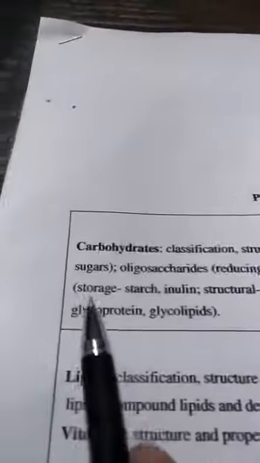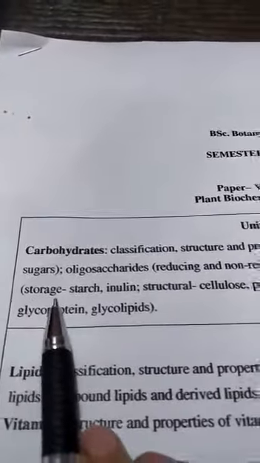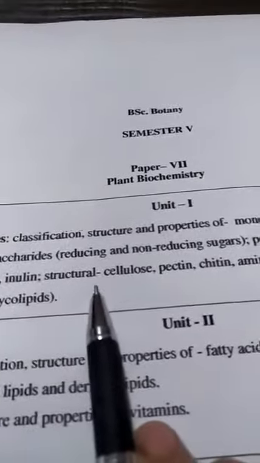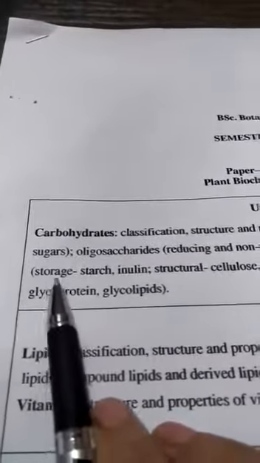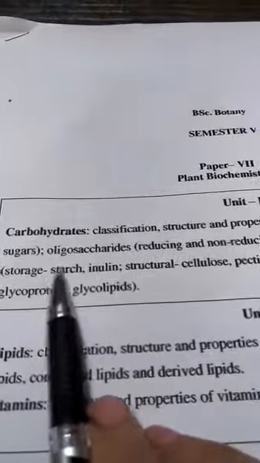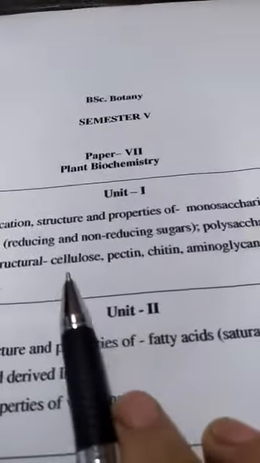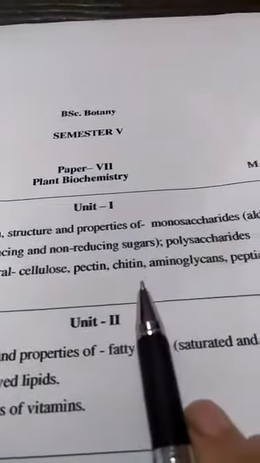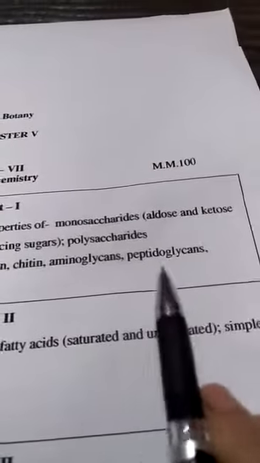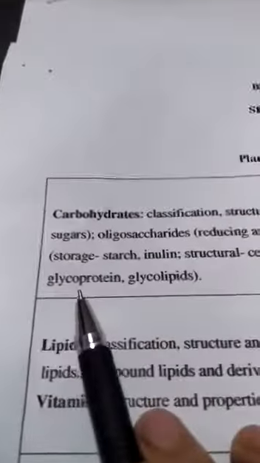Polysaccharide includes two types, storage and structural polysaccharide. Examples of storage polysaccharide are starch and inulin. Structural polysaccharide includes cellulose, pectin, chitin, aminoglycan, peptidoglycans, glycoprotein and glycolipids.